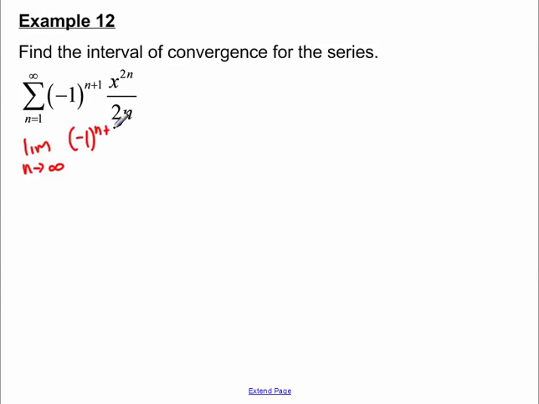Oh, I forgot my absolute value signs. Then we multiply that by basically the reciprocal of that thing, which is 2n over -1 to the n plus 1, times x to the 2n. Hopefully that bell wasn't too loud on you guys.